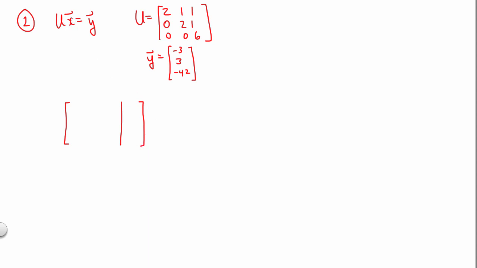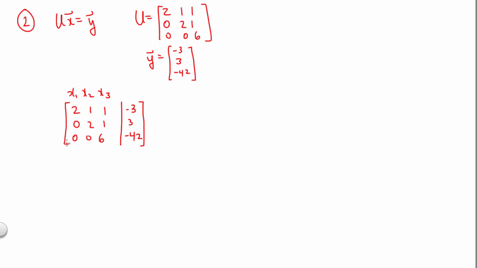This time our variables are the x variables, so x1, x2, x3. U is our coefficient matrix. And this time it's the entries in y that are acting as our constants in our system. So there we go, there's our augmented matrix for the system.